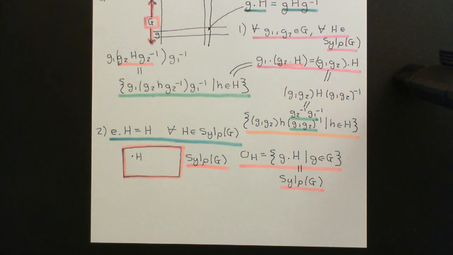So what we can now do is apply the orbit stabilizer theorem, because the orbit stabilizer theorem still applies even though there is only one orbit.